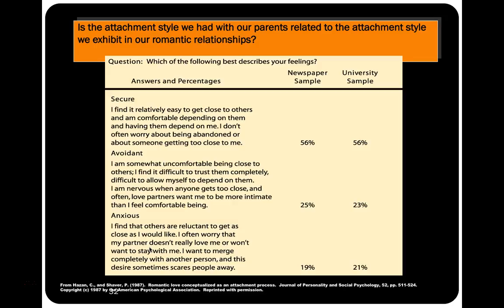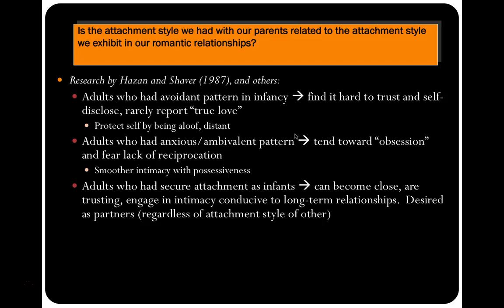I want to merge completely with another person, but this desire sometimes scares people away. That's the anxiously attached person. So this seems to be the distribution of people, at least in terms of self-report, who are securely, avoidantly, and anxiously attached when they get to be adults.